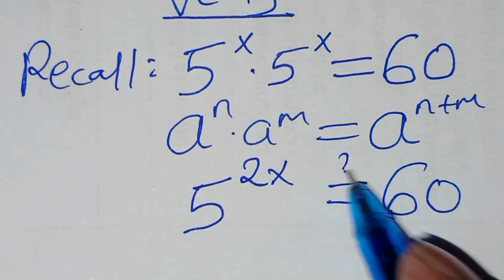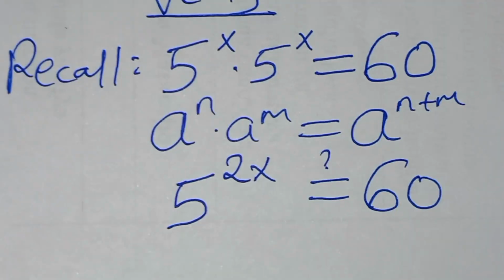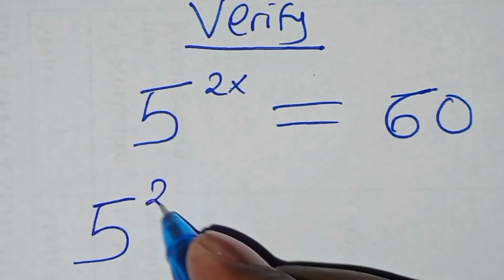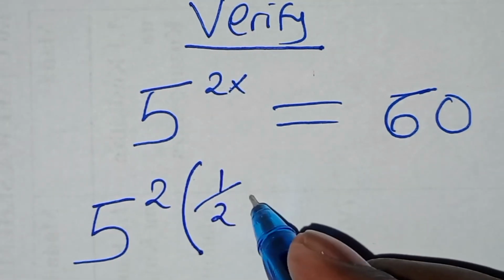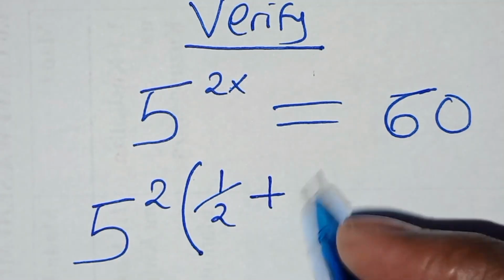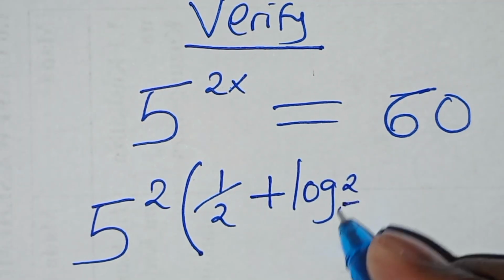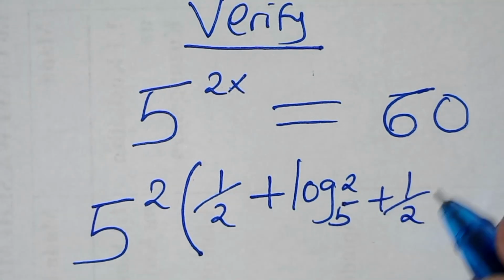So let's substitute the value of x here so that we check. Substituting the value of x here, we'll have 5 to the power 2 multiplying by a half plus log 2 to base 5, then plus a half log 3 to base 5.